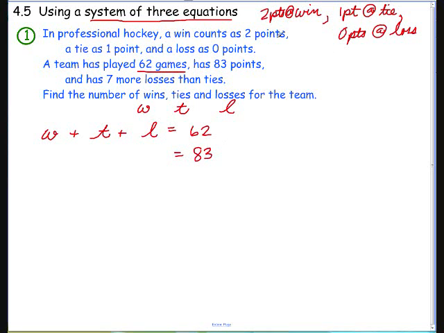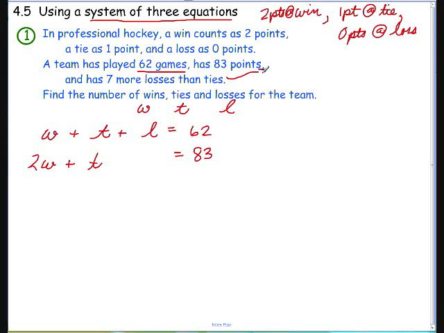I know they earn 2 points for every win, so 2 times the number of wins. And they earn 1 point for every tie, so 1 times the T. And losses are equal to 0 points, so this is just not going to have any L in it. And what else do I have here?